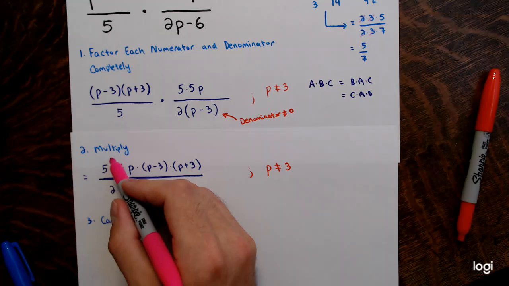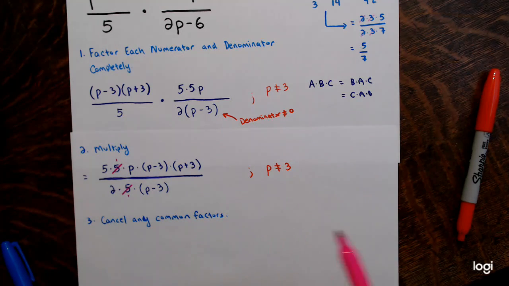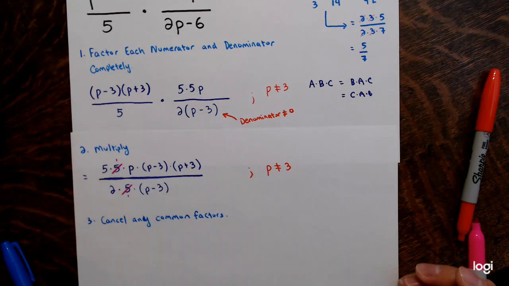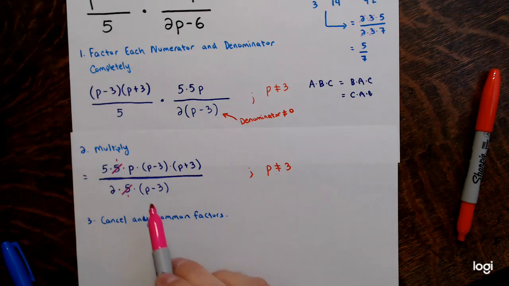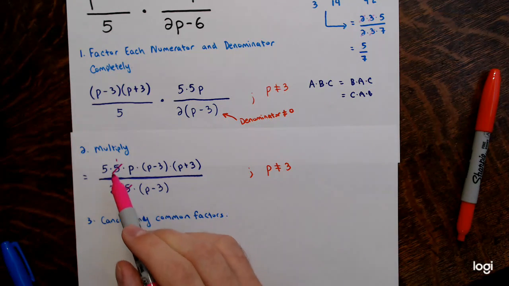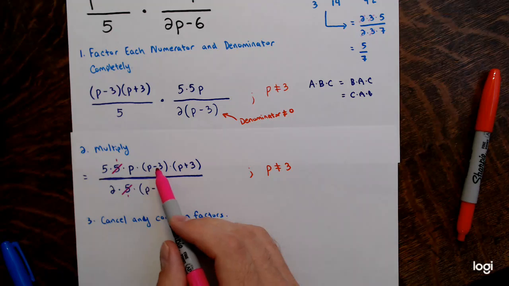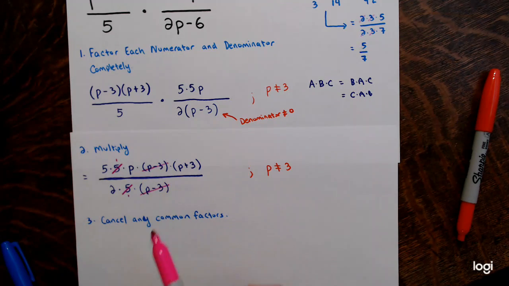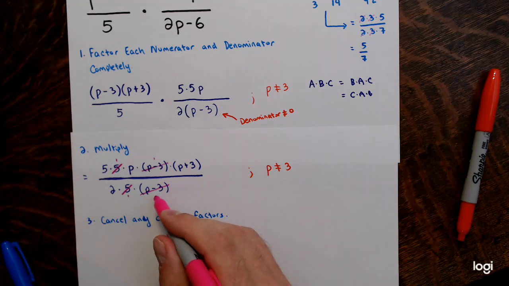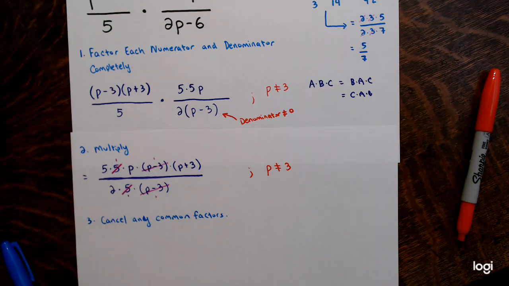Technically, they become 1, since 5 divided by 5 is 1. So just make sure that if you eliminate an entire numerator or an entire denominator, there's still a factor of 1 technically there. I also notice there's a common factor of p minus 3. Those become 1. Those cancel. And that's all I'm noticing.